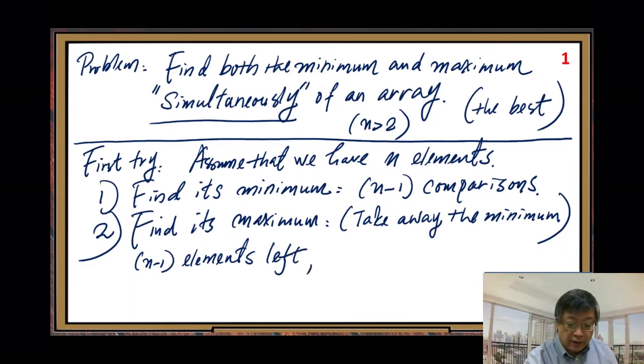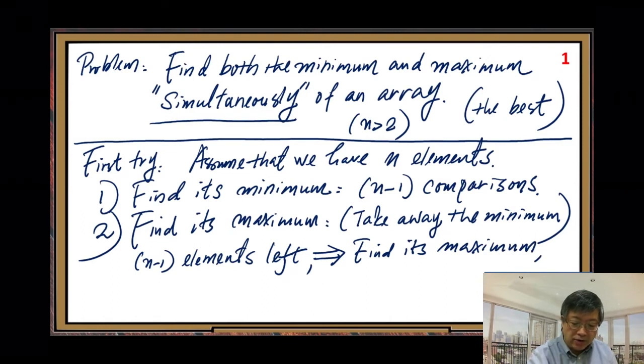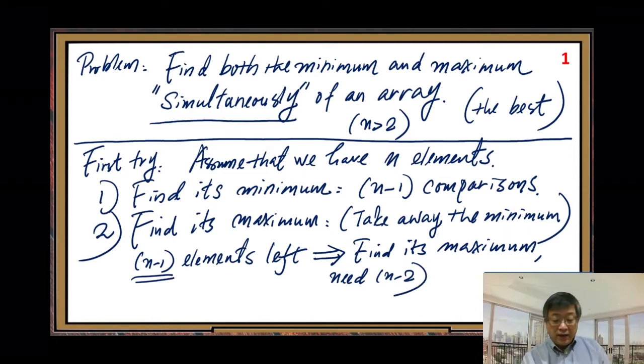Then next, find its maximum. How many comparisons do you need? Here, you need n minus 2, not n minus 1, because you have a total of n minus 1 elements, and one fewer than that needs this many comparisons.